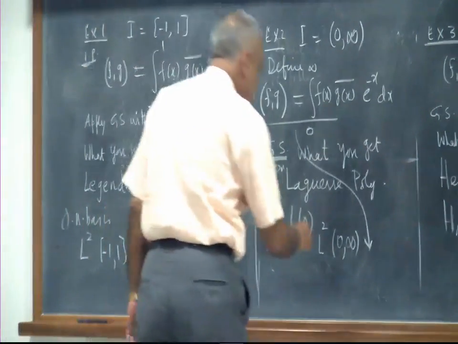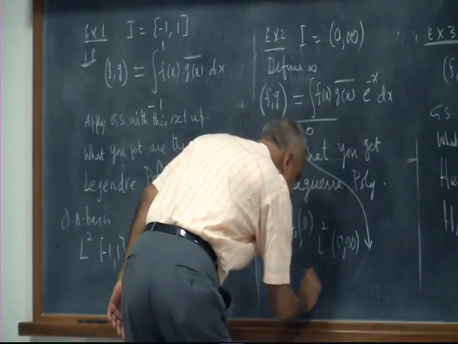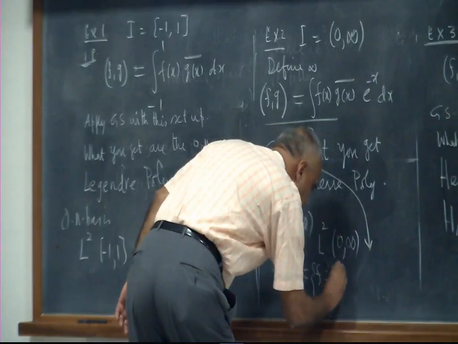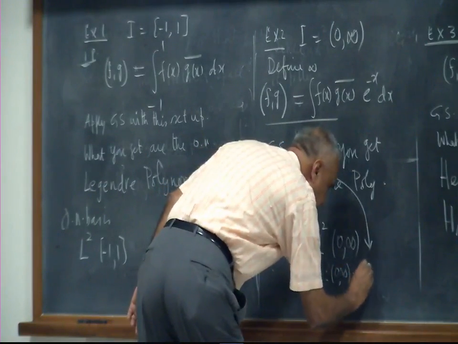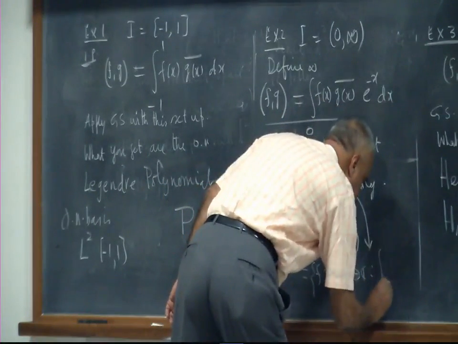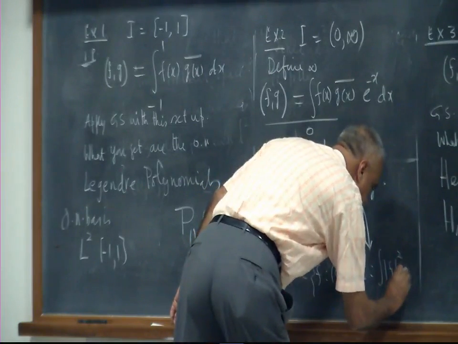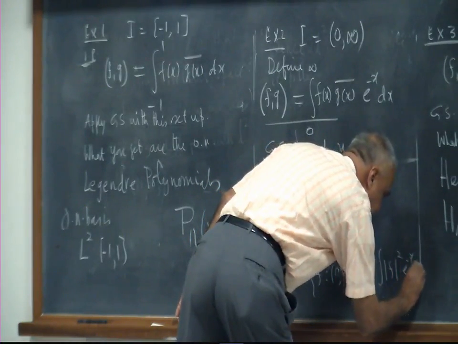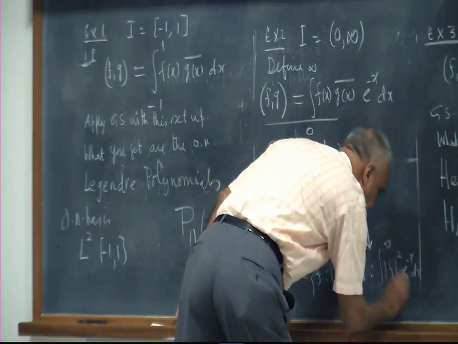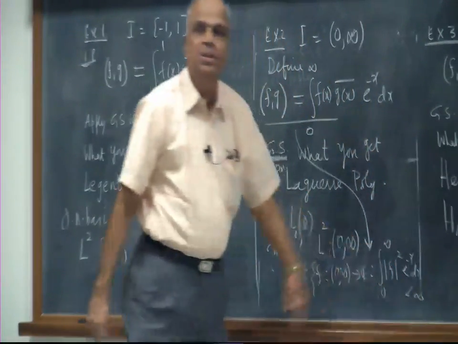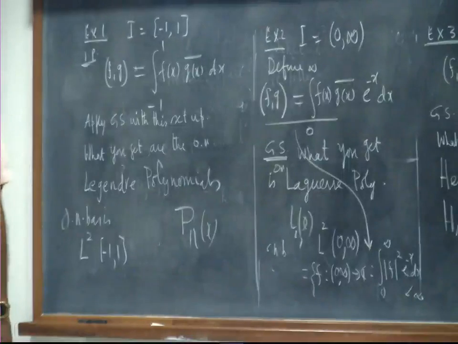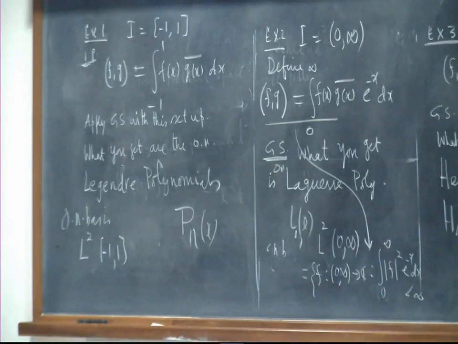In other words, this is the set of all functions from 0 to infinity to C such that the integral of mod f squared e to the minus x dx from 0 to infinity is finite. So, that density function e to the minus x must come in the definition.